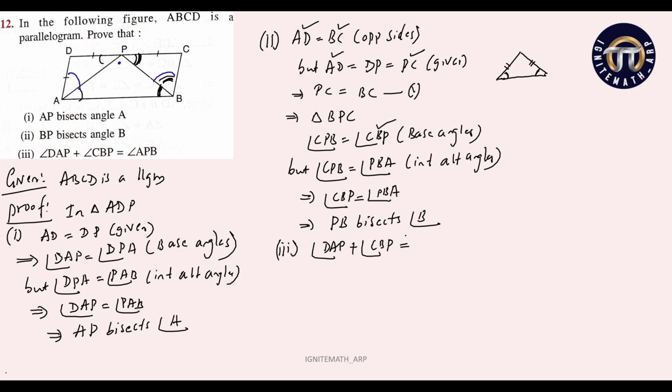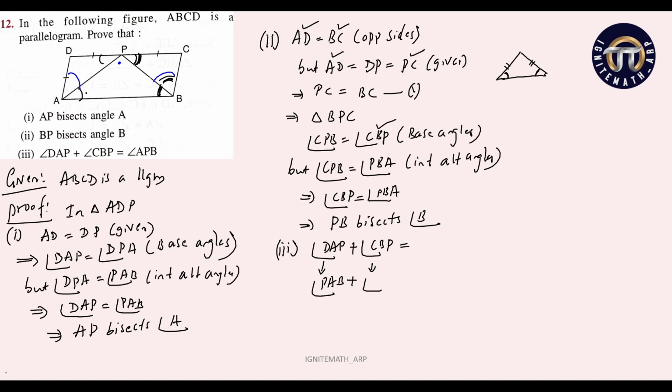Look at the screen very carefully. DAP can be written as PAB, correct? PAB, that is interior alternate angles. Clear? Plus CBP can also be written as PBA, right?